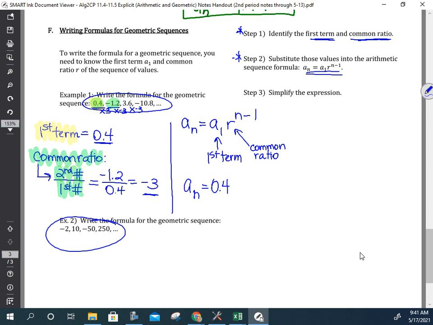R is the common ratio. So since R is -3, times -3 raised to the n-1 power. They're literally plugging the numbers in. Everything else stays the same. AN doesn't change, n-1 doesn't change. So the only two things that change are A1, the first term, and R, the common ratio. So that's step 2.